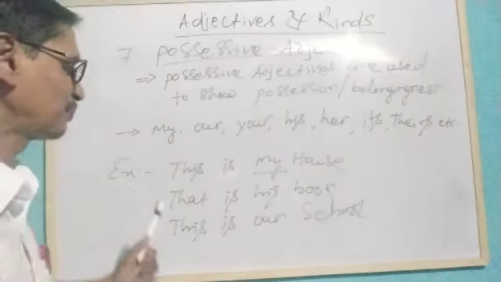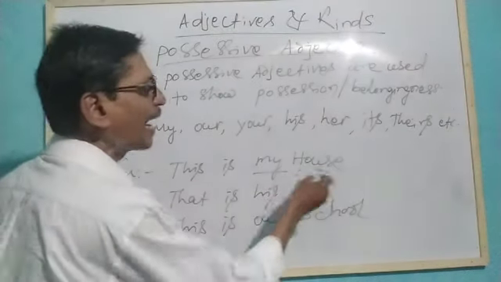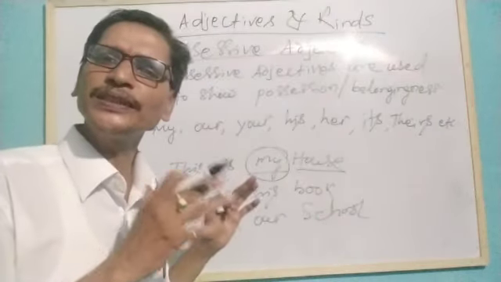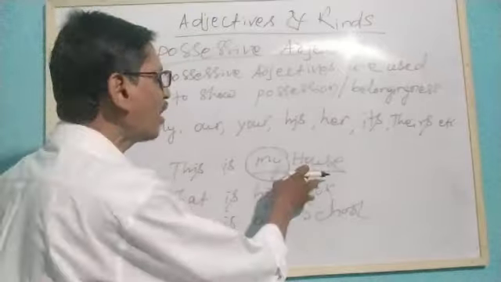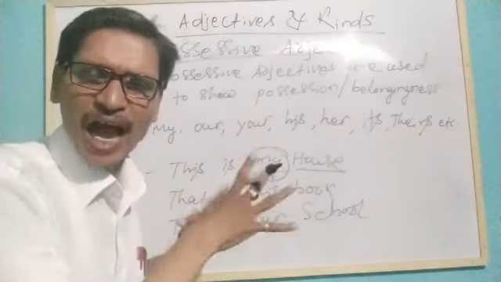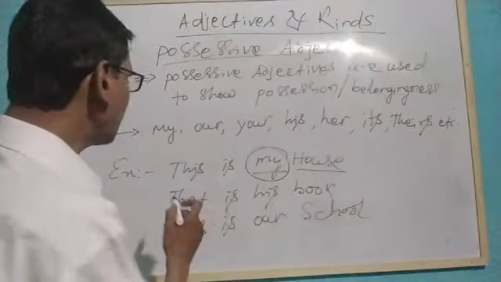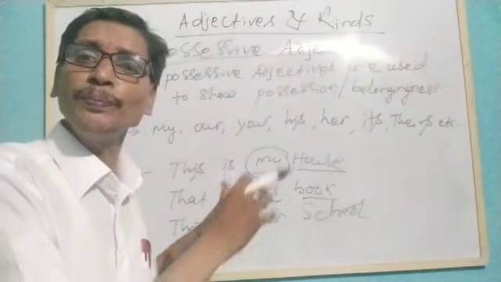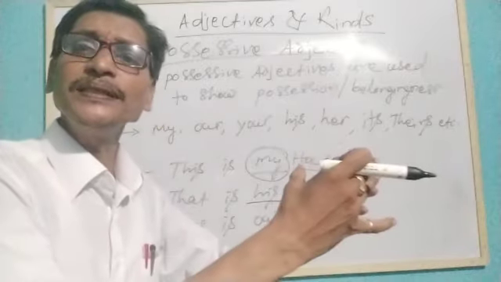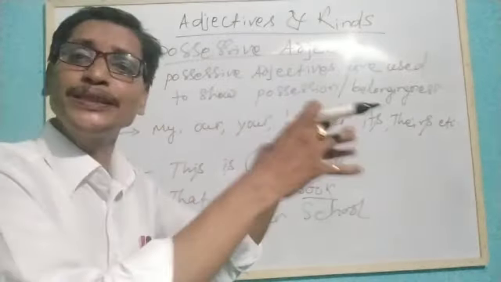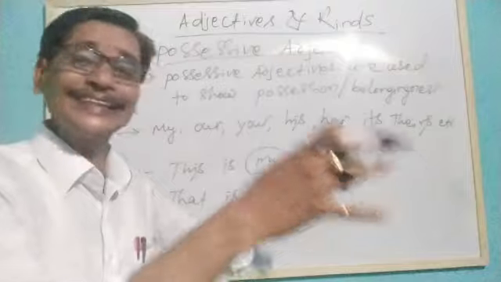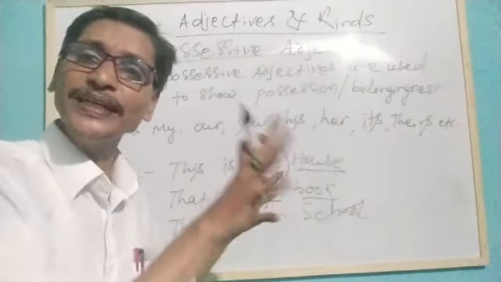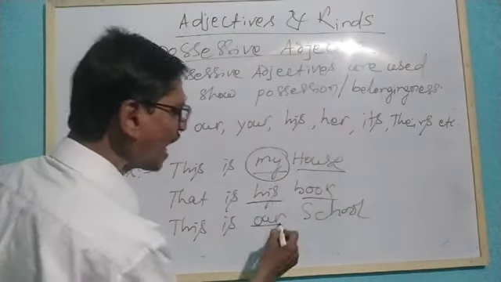Here you see the examples. This is my house. Here it is talking about possession: I possess this house. Similarly, that is his book. His book means this book belongs to him; this book is in his possession. Similarly, this is our school.